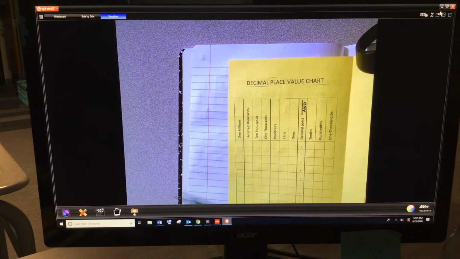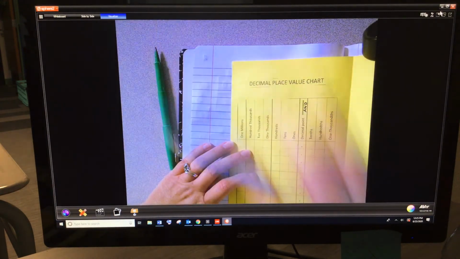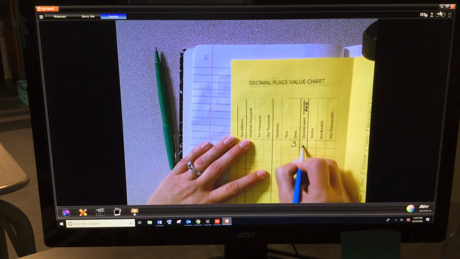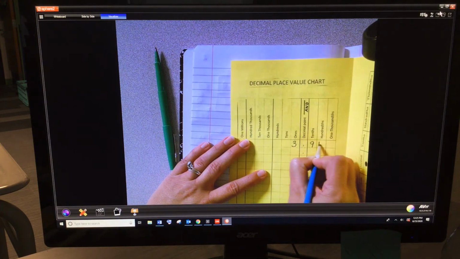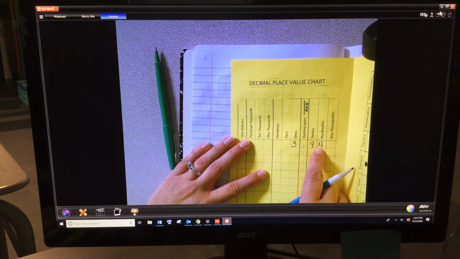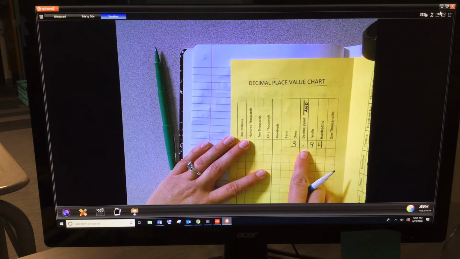All right, let's put 3 and 94 hundredths on our table. I was looking for a pencil, sorry. So we have 3.94. So 3 and 94 what? Hundredths. This place value chart for decimals is going to be pretty handy.